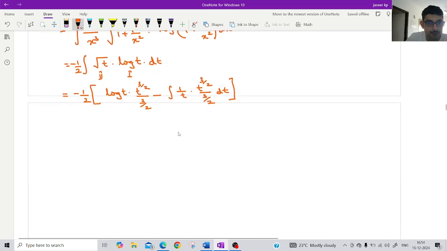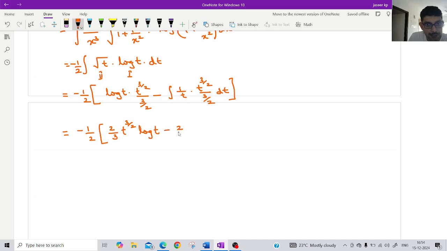So now further simplifying, this will become minus half, it will come as 2 by 3 t to the power 3 by 2 log t minus 2 by 3 t to the power 3 by 2 by t, that will become t to the power half dt.